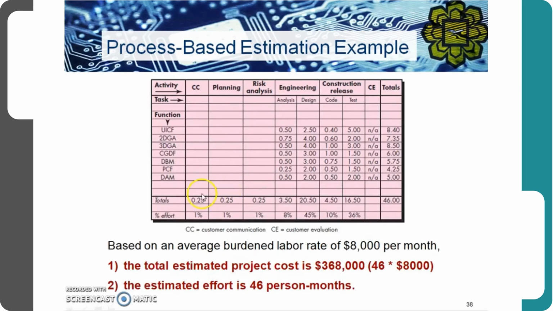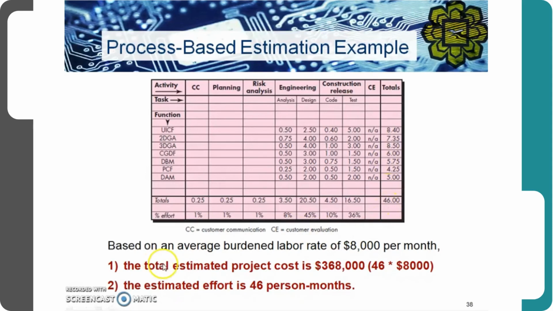So let's say in planning, in risk analysis, in engineering, we put what is the estimated effort for each of these tasks. Okay, and in the end we come out with some value.